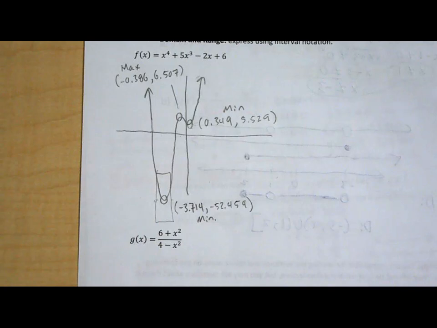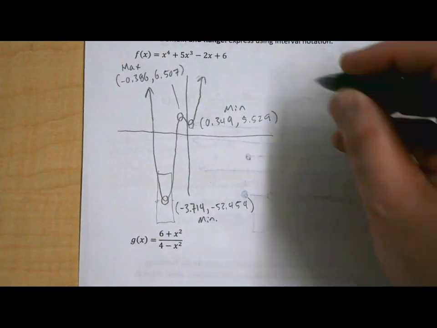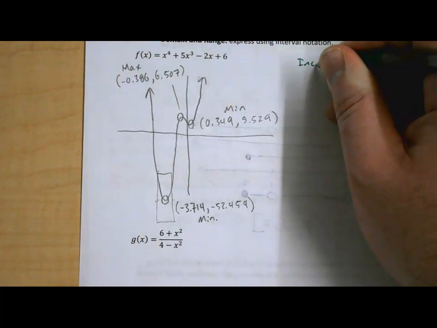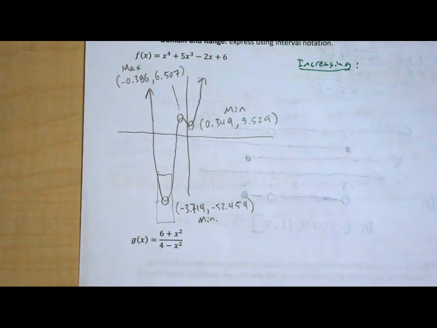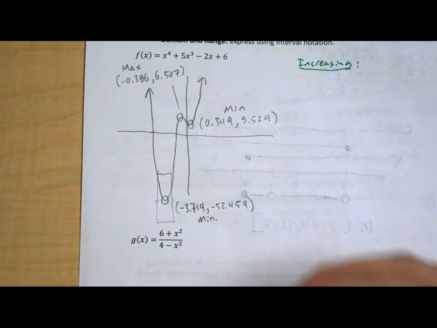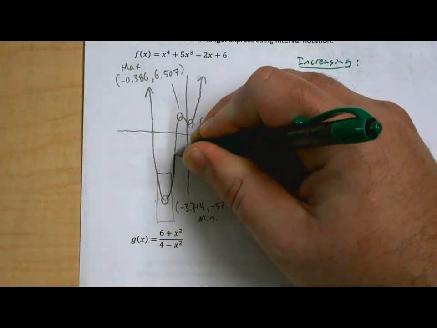Have you all learned increasing and decreasing already? You have? So when you look at this graph, are you able to identify a couple of regions where the graph is increasing and a couple of regions where it's decreasing? I'm going to color code these on mine. So increasing, I'd say this graph is increasing on this interval here.